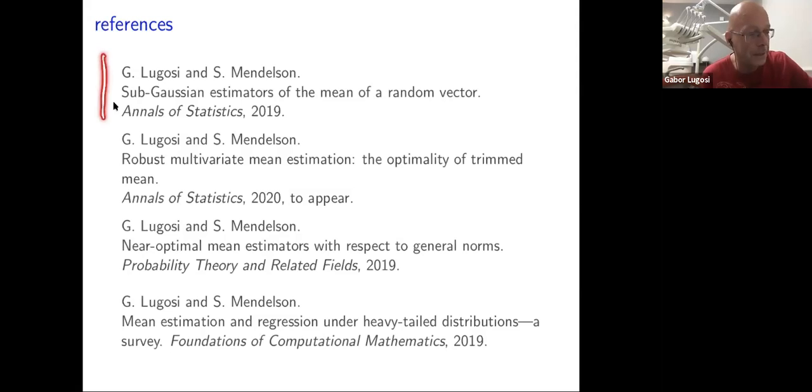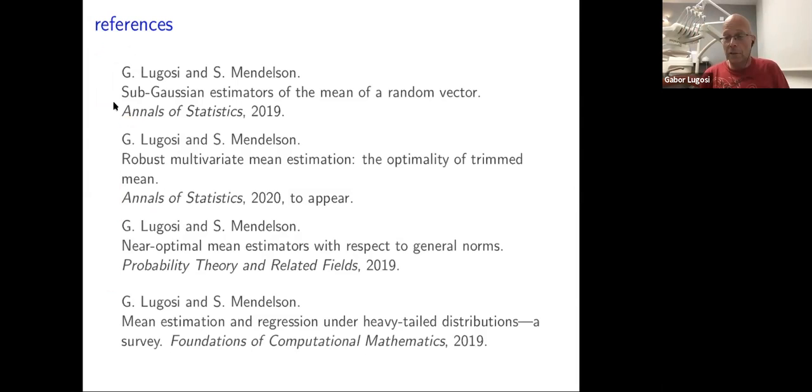So these are the references. The median of means tournament is in this paper. The trimmed mean for multivariate vectors is in this paper. There's another paper where we look at what happens if instead of the Euclidean distance, we care about some other norm.